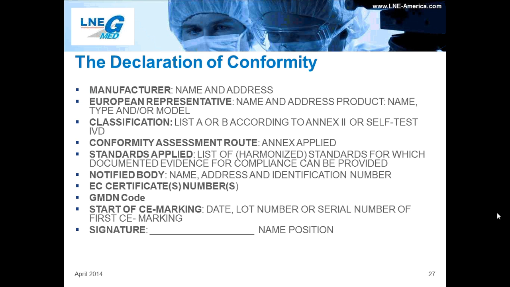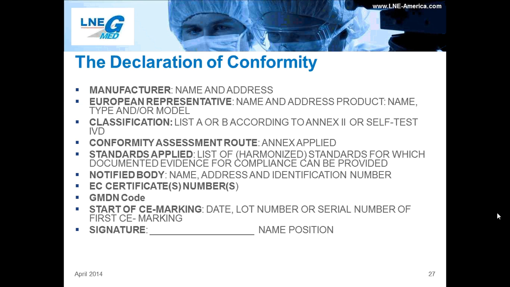the EC certificate number. Of course, we won't have this information for an initial assessment, but it should be added later. And, of course, as mentioned before, the GMDN codes. Again, these are not mandatory, but are the current trend. The GMDN codes are used in the UDMED database that was mentioned previously. The European Economic Area requests the use of GMDN codes to support the conformity assessment process required for CE marking.